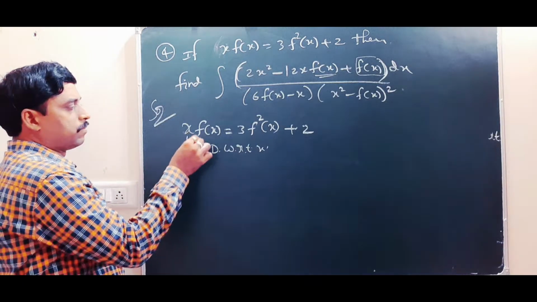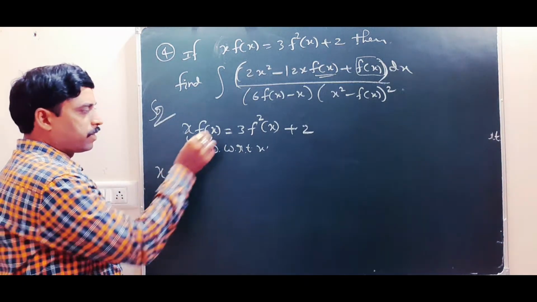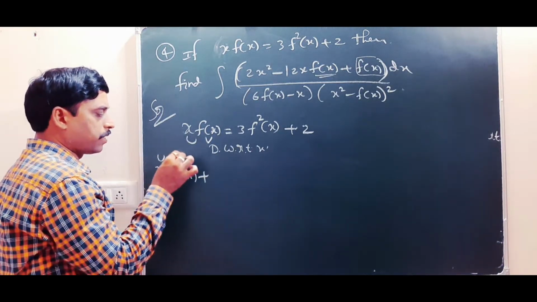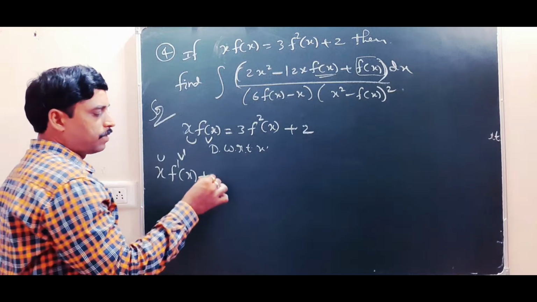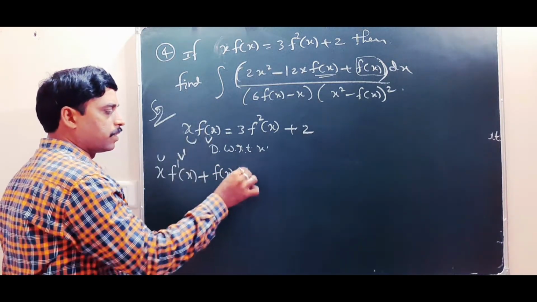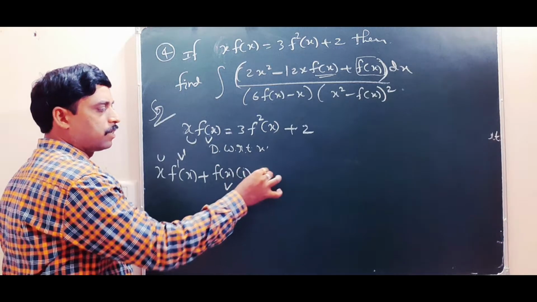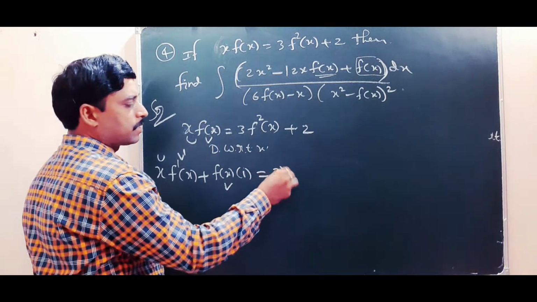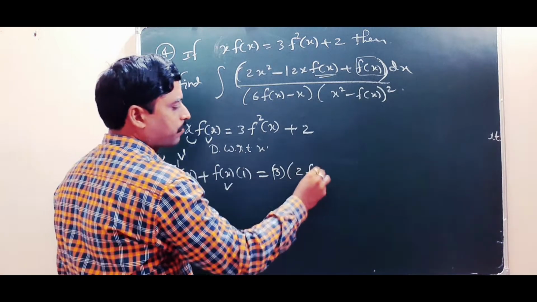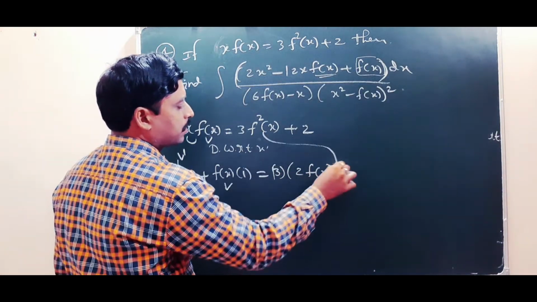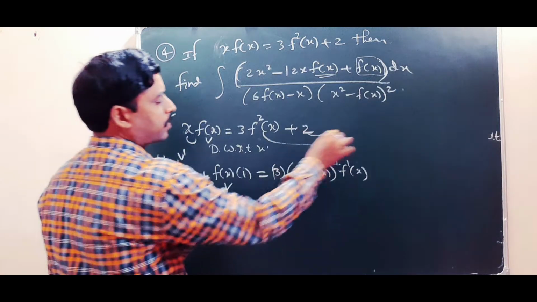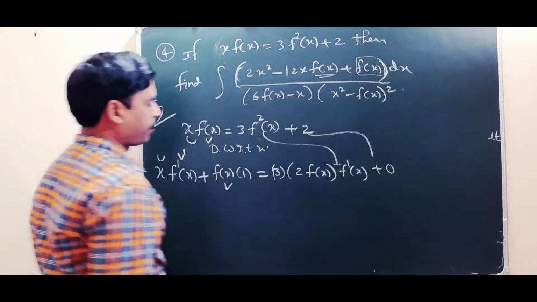By using the UV formula, x into differentiation of f(x), we get f'(x), plus f(x) into differentiation of x, which is 1, equal to 3 constant. Differentiation of (f(x)) whole square is 2 times f(x) into f'(x) by chain rule, and differentiation of constant will be 0.